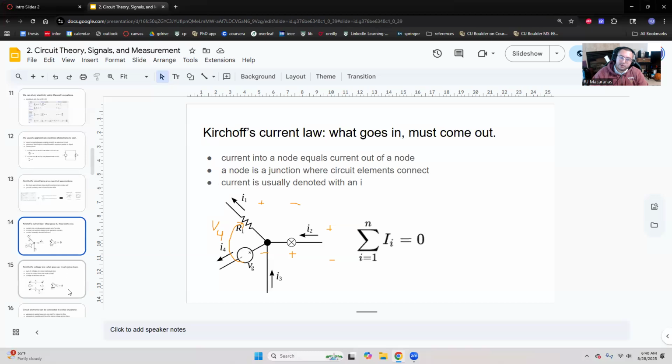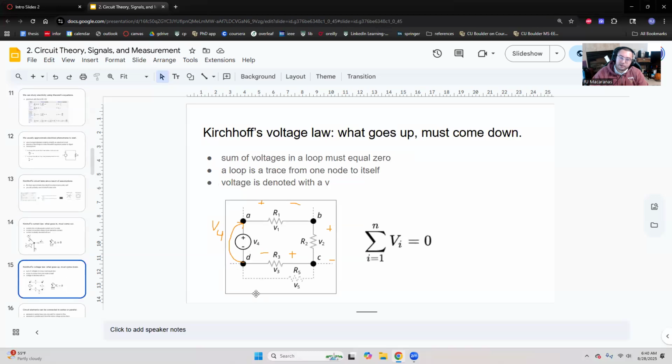Current is a through variable, voltage is an across variable. Across variables are defined between 2 points, much like when you measure the height of an object. Well, the height needs to be with respect to some reference point, right? So if I have a building that's 10 feet high, that's usually measured with respect to the ground.